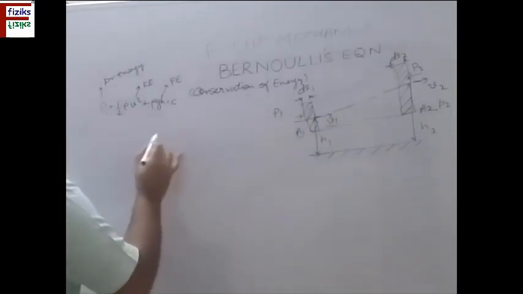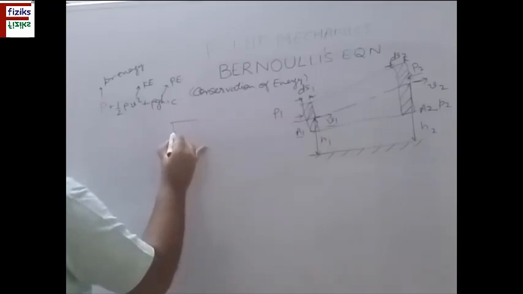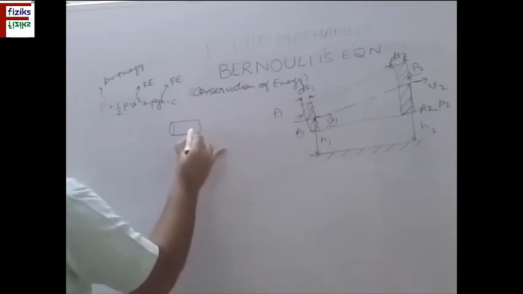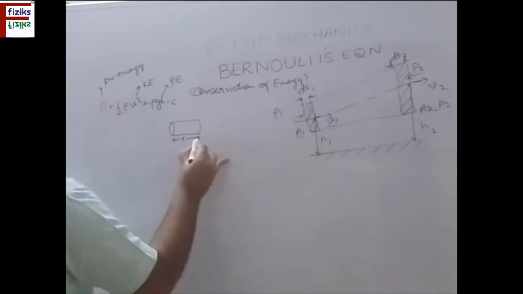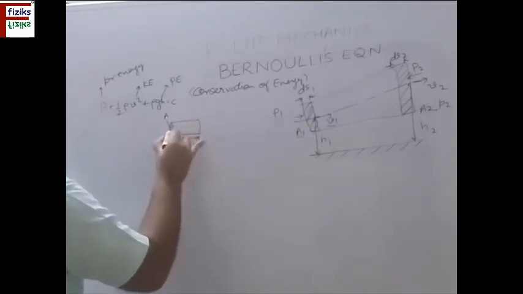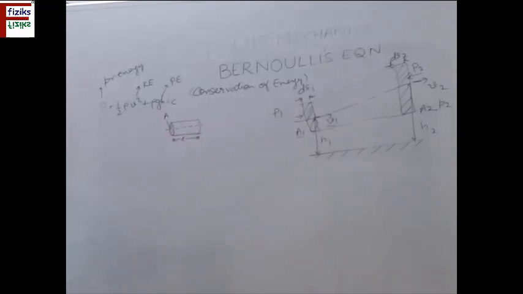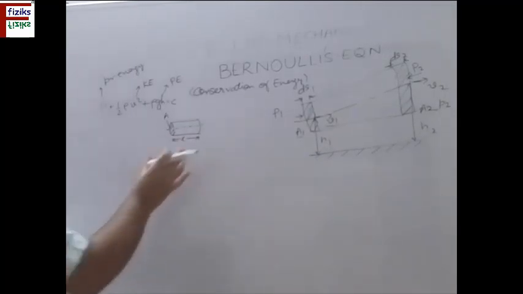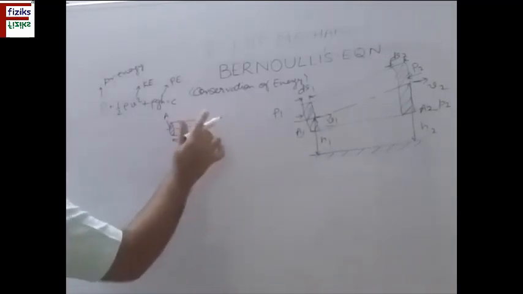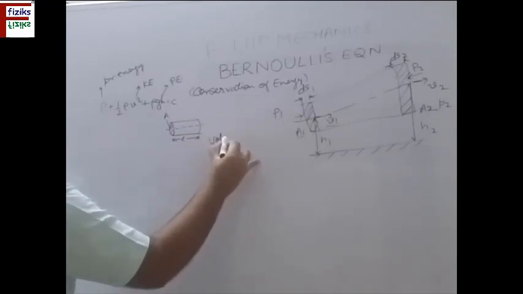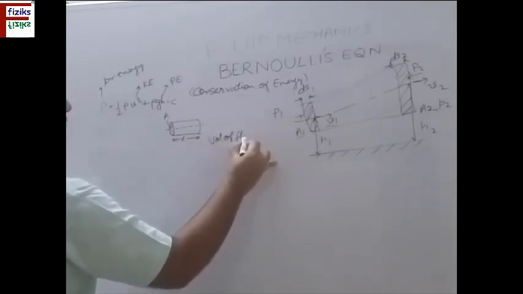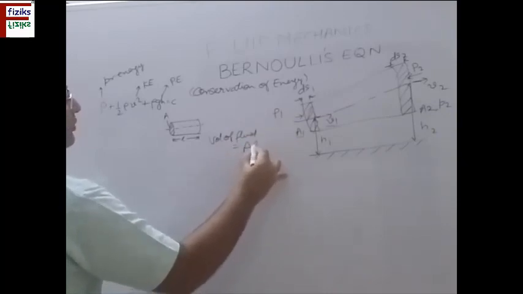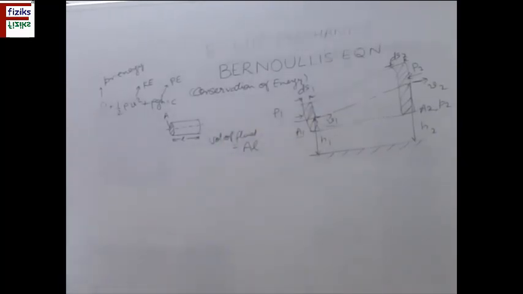Now, how have we written this? Suppose I have a fluid flowing through this. The length of the flow is L and the area of cross section is A. So the volume of the fluid flowing through this at any time is A into L. We know that work done by the fluid is pressure into change in volume, P dV.